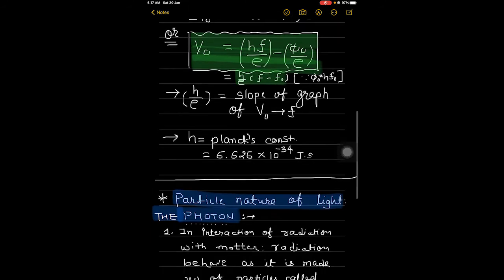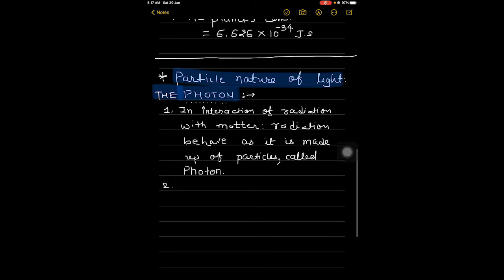So we can say that in interaction of radiation with matter, radiation behaves as if it is made up of particles which are called photons.